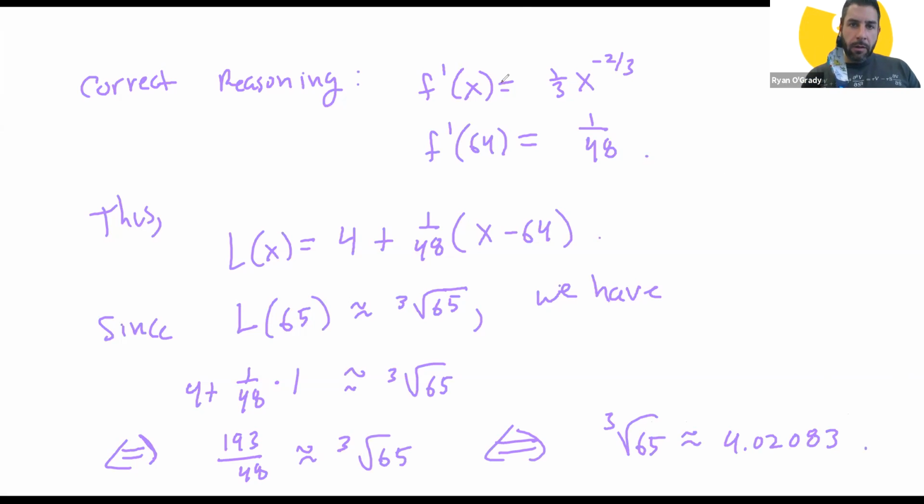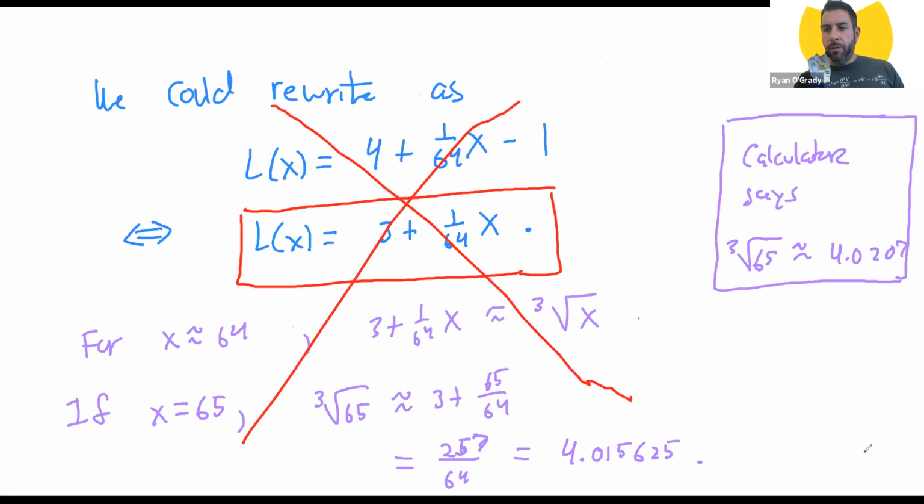And now if we take what the calculator gives us, which we had from the previous page, 4.0207.